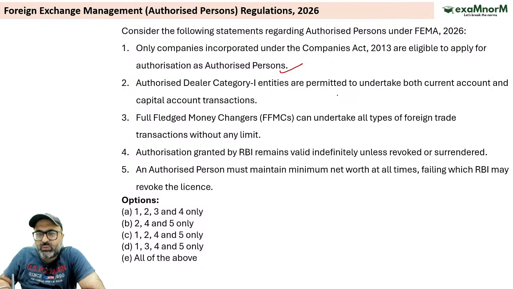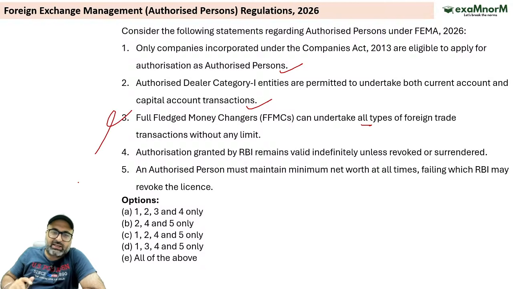Authorized dealer category 1 entities are permitted to undertake both current account and capital account transactions. Yes sir. Full-fledged money changer can undertake all types of foreign trade transactions without any limit. नहीं सर, ये तो सिर्फ और सिर्फ एक्सचेंज में इन्वॉल्व होंगे, nothing else. Authorization granted by RBI remains valid indefinitely unless revoked or surrendered.